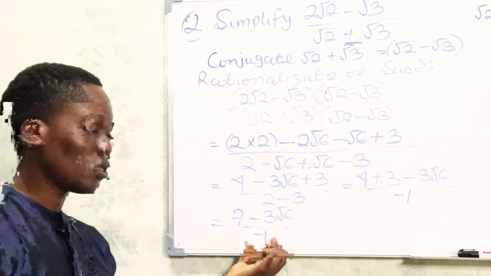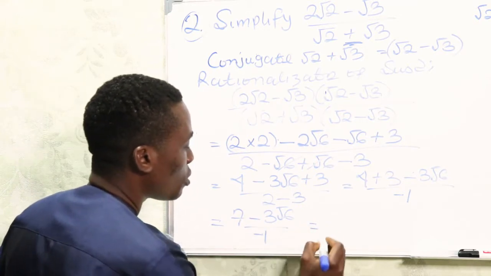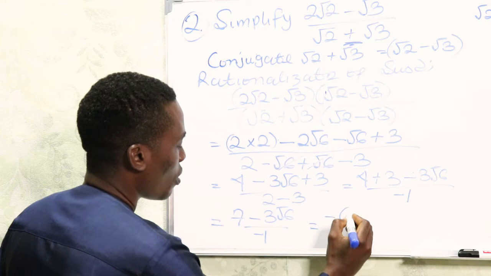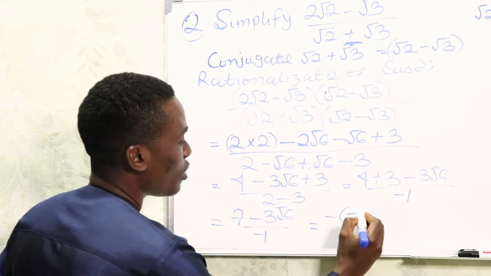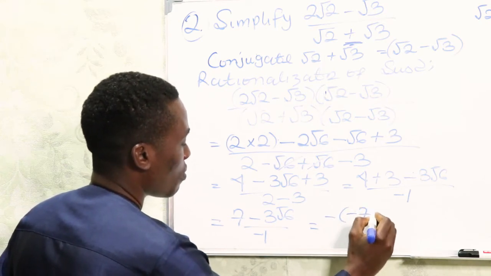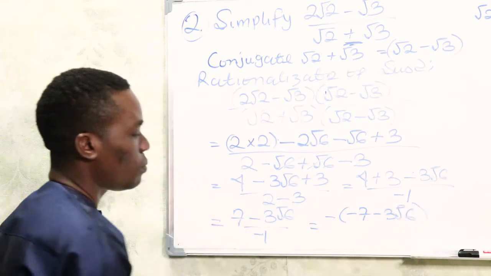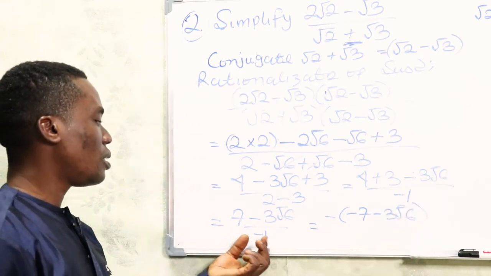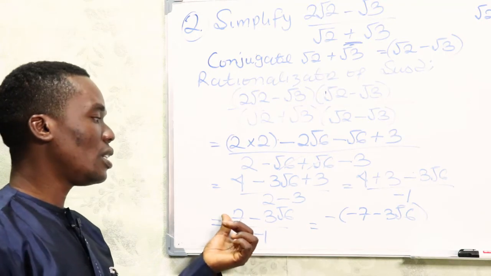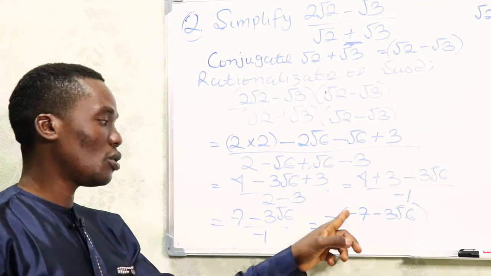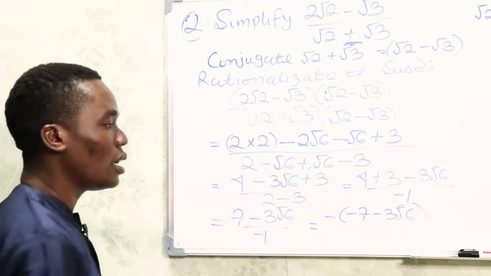This whole value divided by 1 is still itself. So to remove the subtraction, all we need to do is to multiply through by minus. That will give us minus in brackets, 7 minus 3√6. Recall why it is minus: this negative sign is still here. So we are multiplying by minus so as to kill the negative sign.